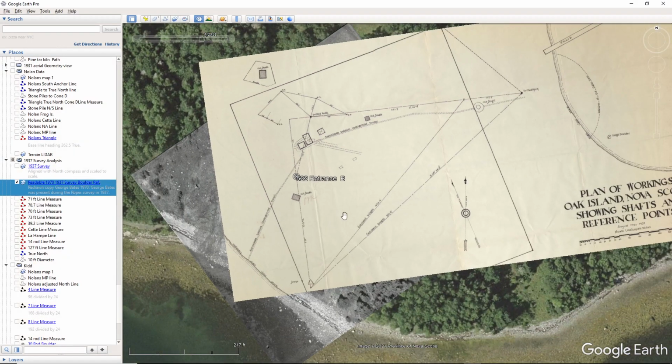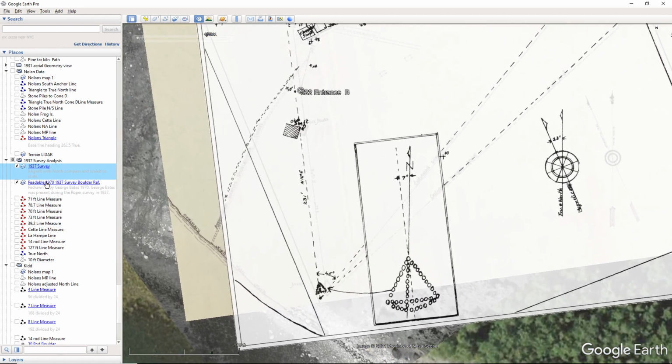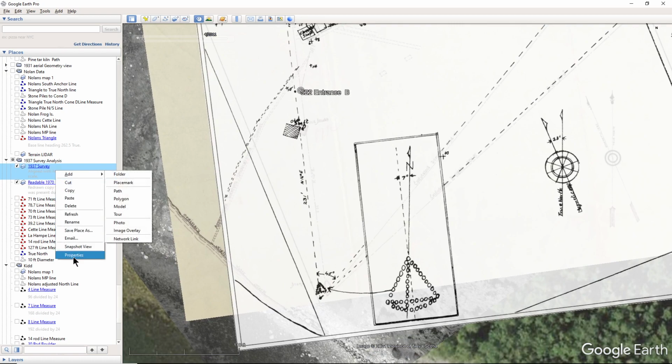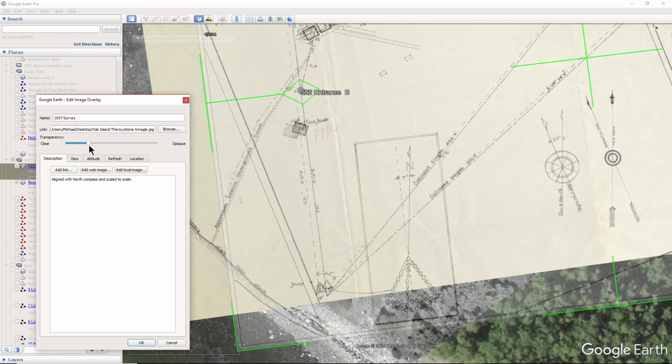Another thing is when I use this 1937 survey, this new one, this old one, let me get it to come up here. If you notice, this old one gave me that this was off by this much.